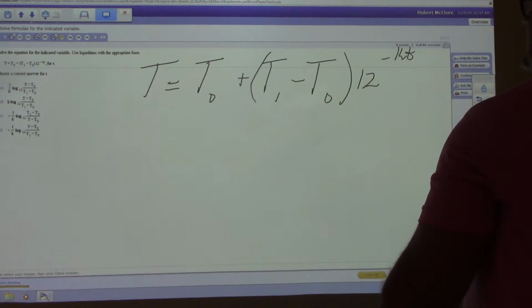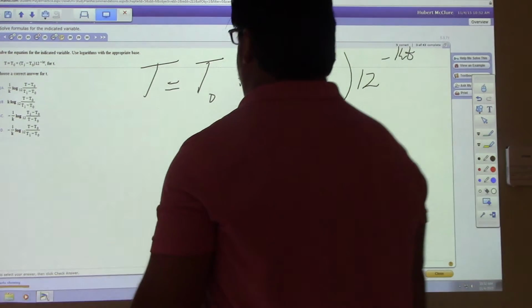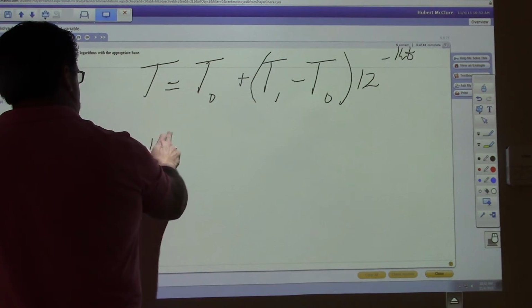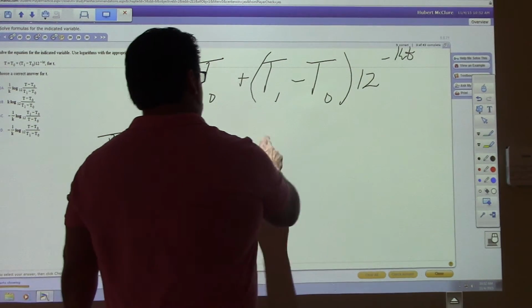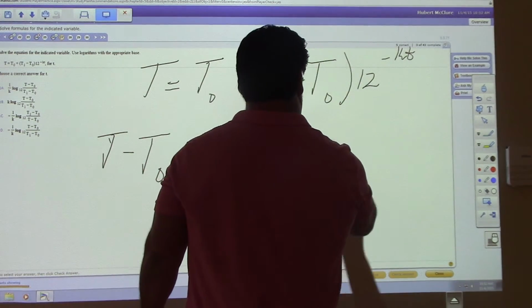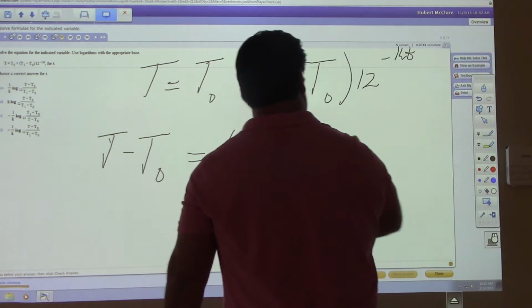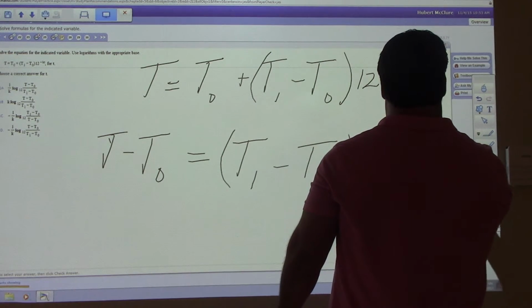Probably get rid of that T sub 0 first, because I think you're going to take the log of both sides. So I'm going to just say T minus T sub 0 is equal to T sub 1 minus T sub 0 times 12 to the negative kt power.